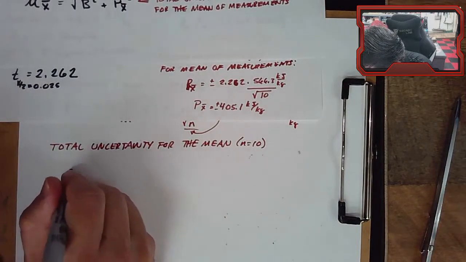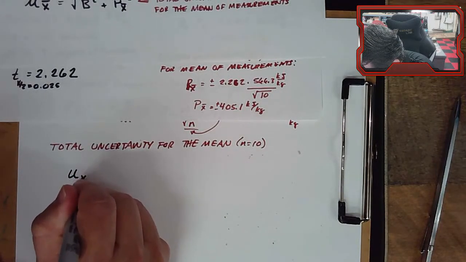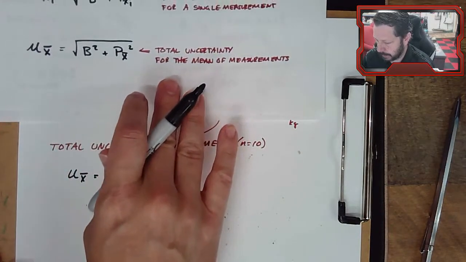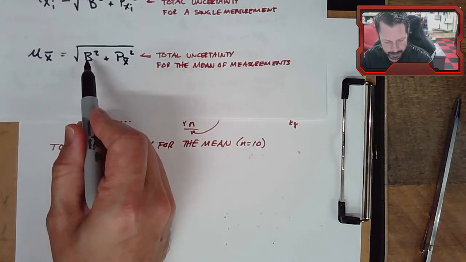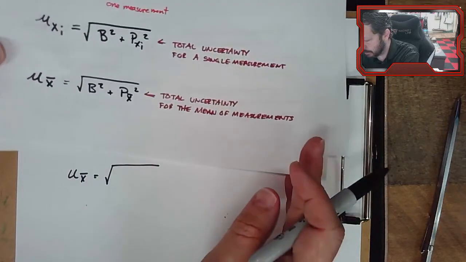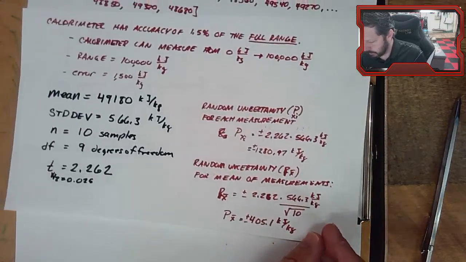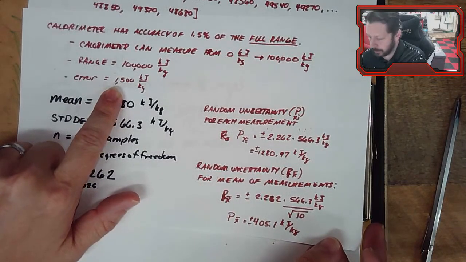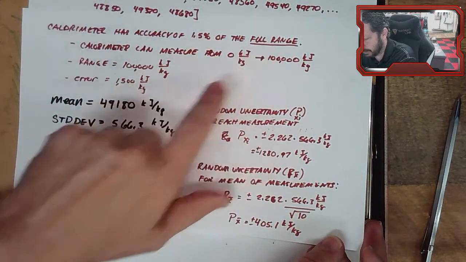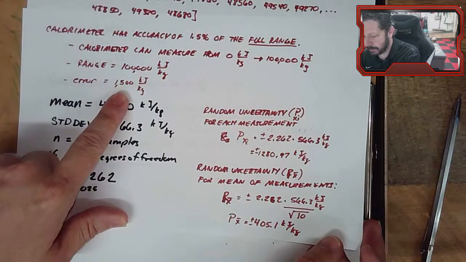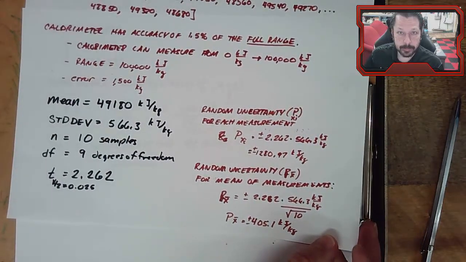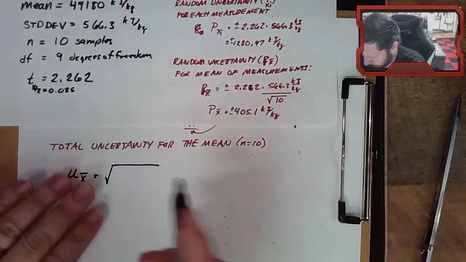All right. U of x bar, square root. Now we got to get that b value. Remember how we were doing that for this one, it's this bias or systematic error, and right in here we had this information that the calorimeter has an accuracy of 1.5% of the full range. So we went and calculated that there's 1,500 kilojoules per kilogram that could just come from the tool itself not giving us the right measurement.